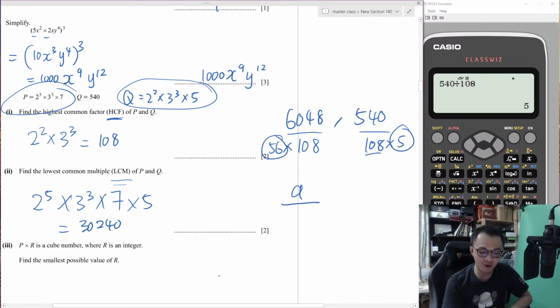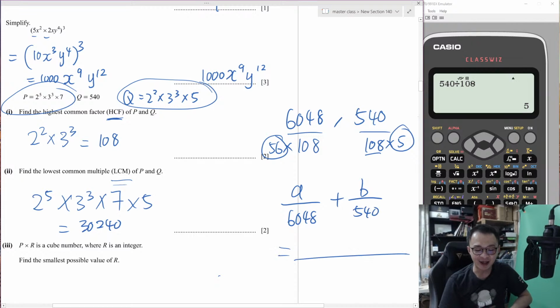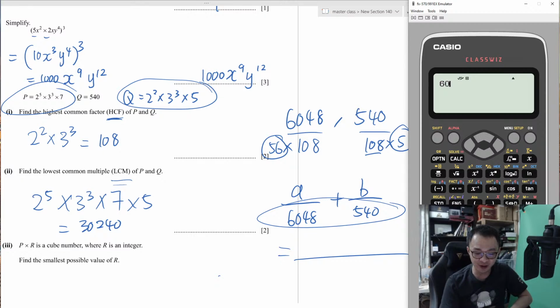Alright, and the lowest common multiple is something like this. Say I have A over 6048 plus B over 540. If I want to add them, I want to make them have the same denominator. But a lot of students will say, oh, 6048 multiply 540, then I can get a common multiple here.